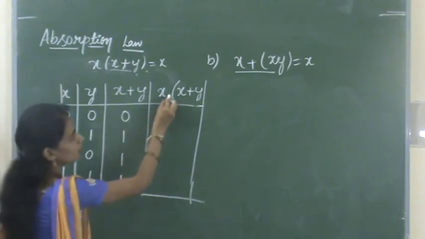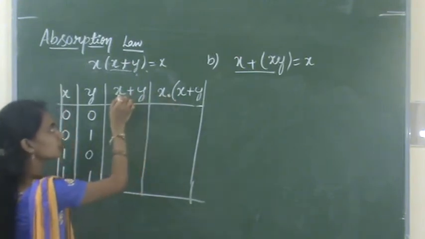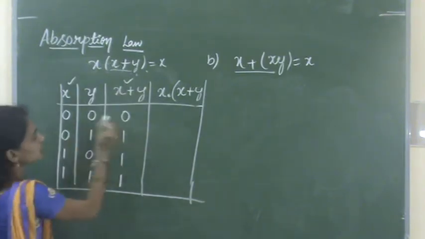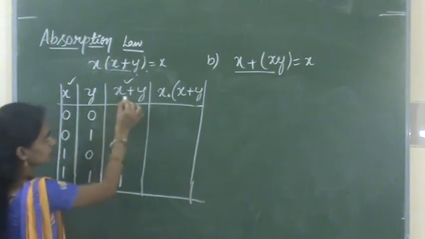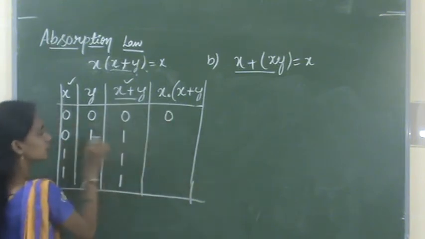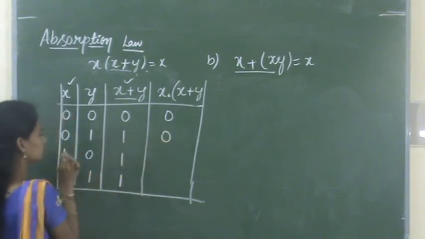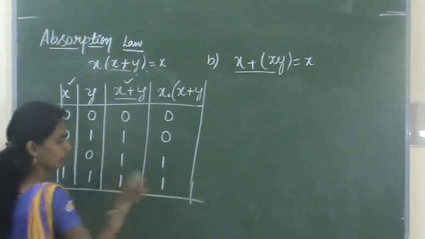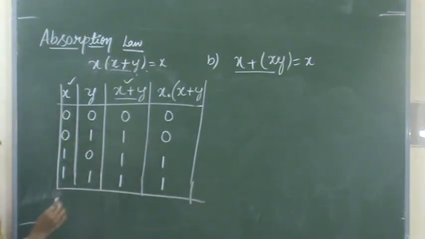Next we are performing the AND operation with x and this result. So x into this result: 0 into 0 is 0, 0 into 1 is 0, 1 into 1 is 1, 1 into 1 is 1.